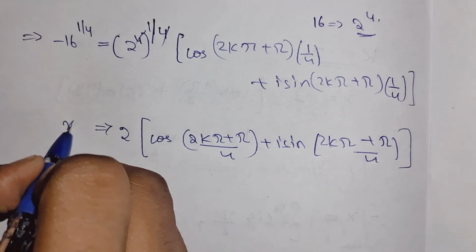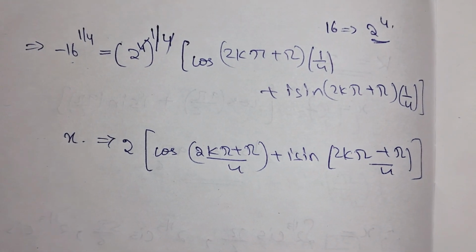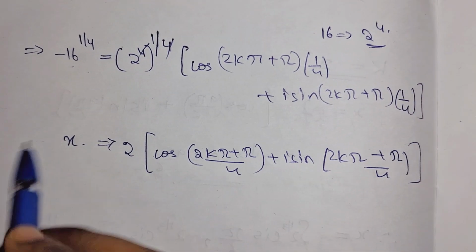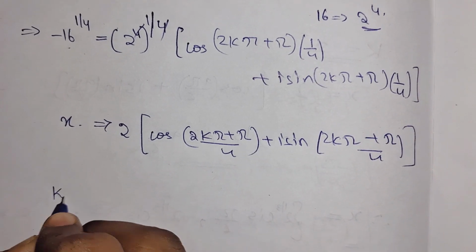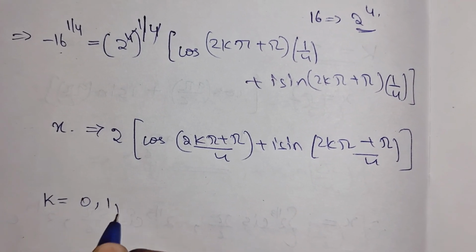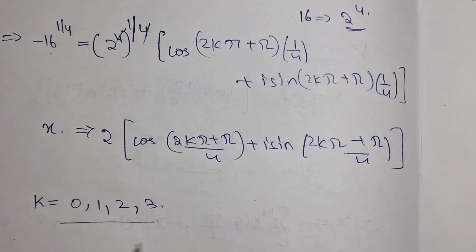This is nothing but x, minus 16 to the power 1 by 4. Now as it is raised to the power 1 by 4, we will consider 4 values of k, from 0, which will be 0, 1, 2 and 3.